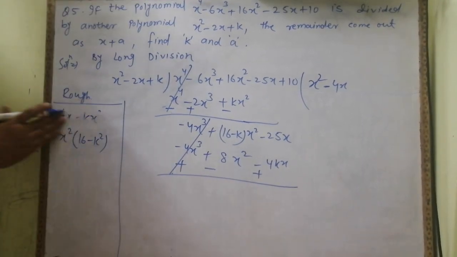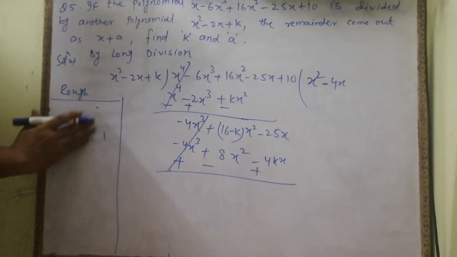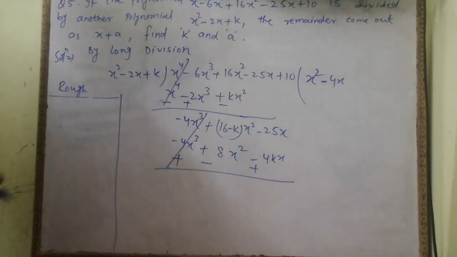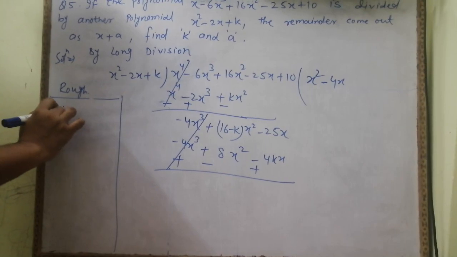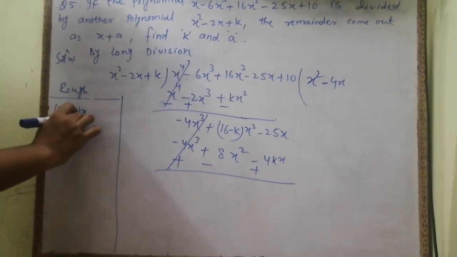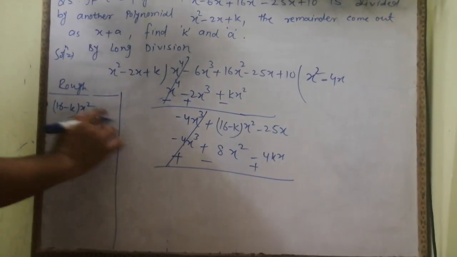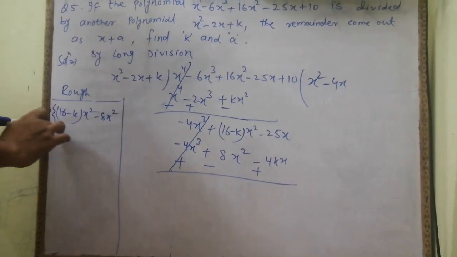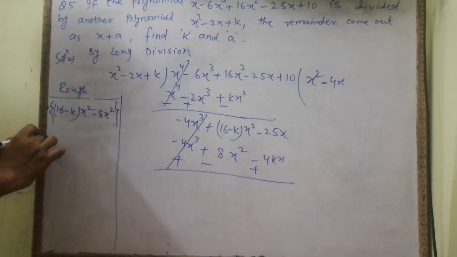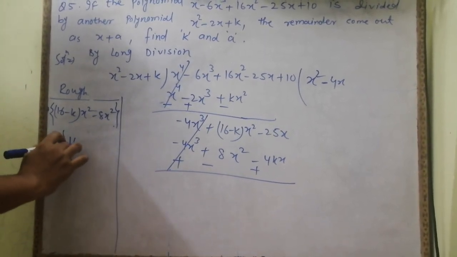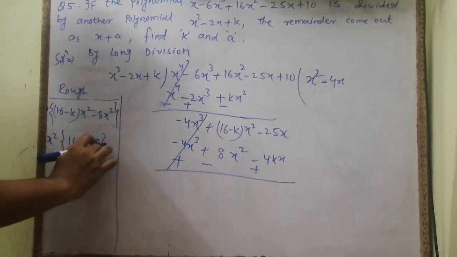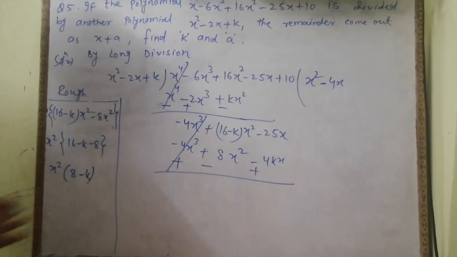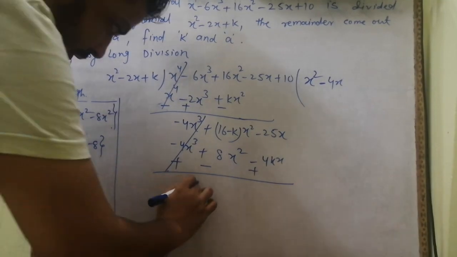Now write this one: 16 minus k into x square, again write this term with minus sign, minus 8x square. Take x square outside: 16 minus k minus 8. Solve the bracket term, it will be 8 minus k, so write 8 minus k into x square.